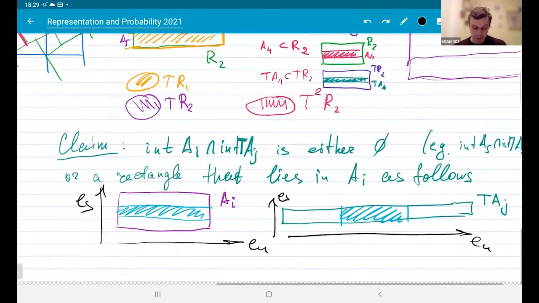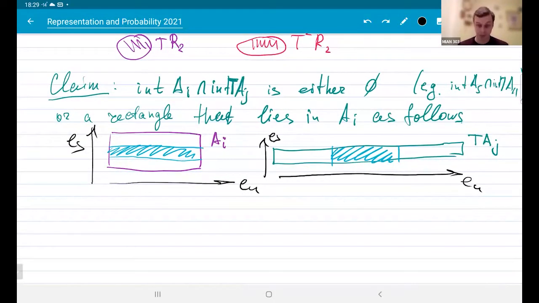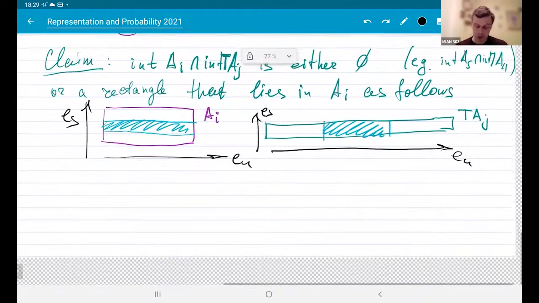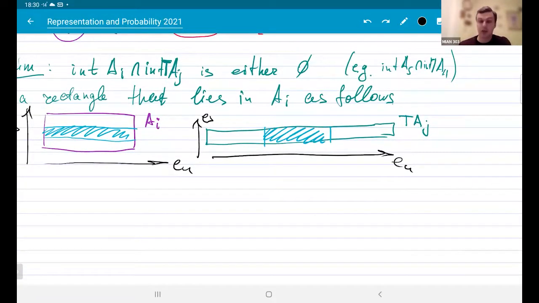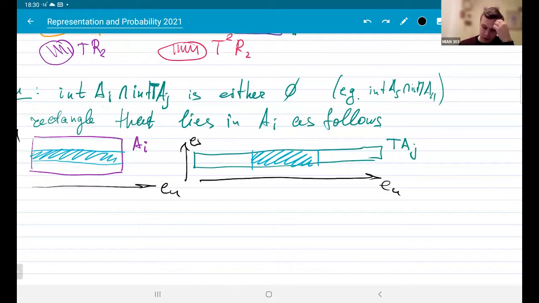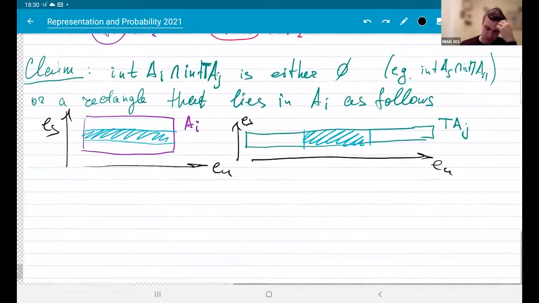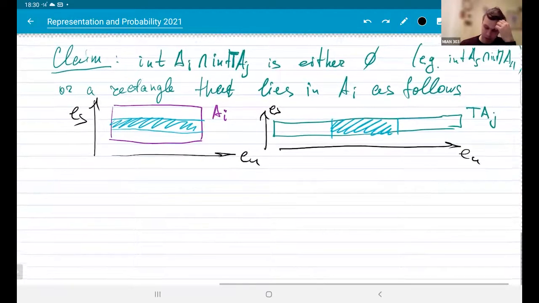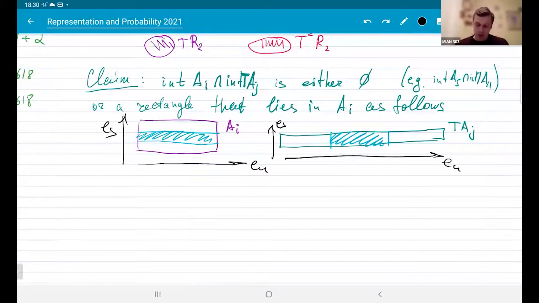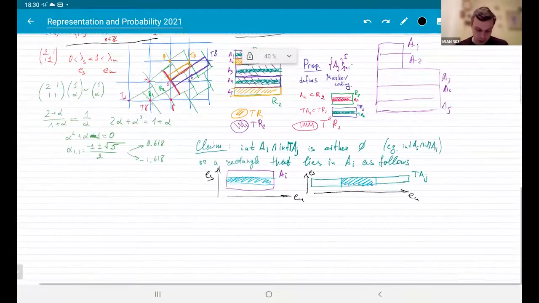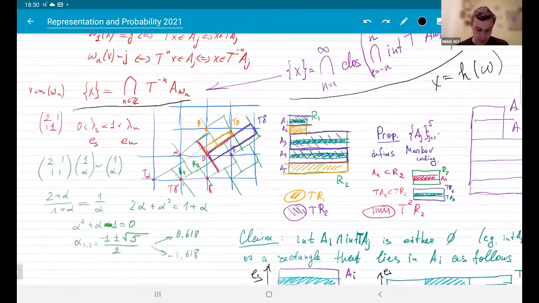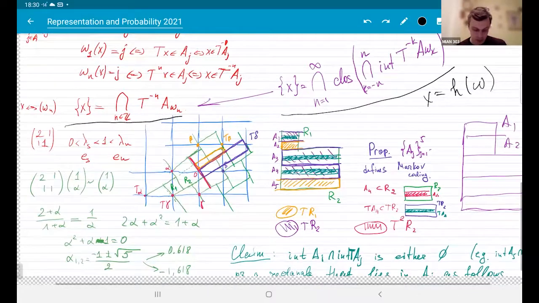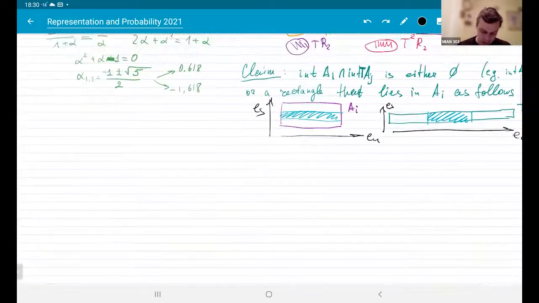So why is this so important? Well, let us consider a triple intersection. I want to consider this formula. I want to consider the intersection.